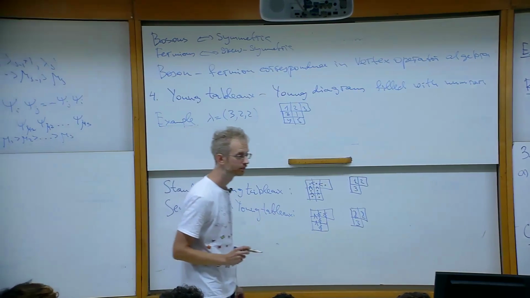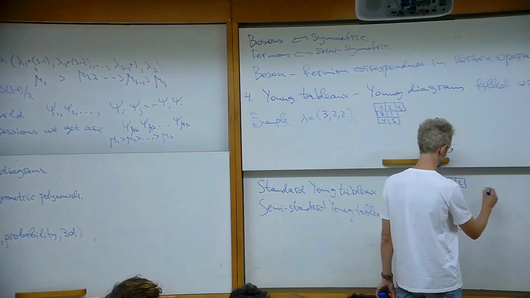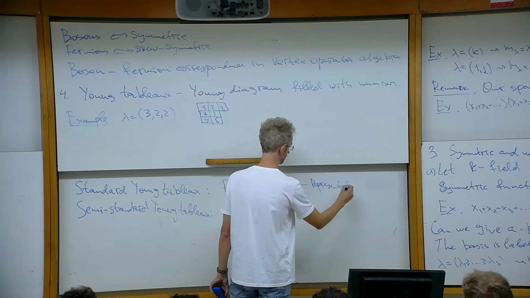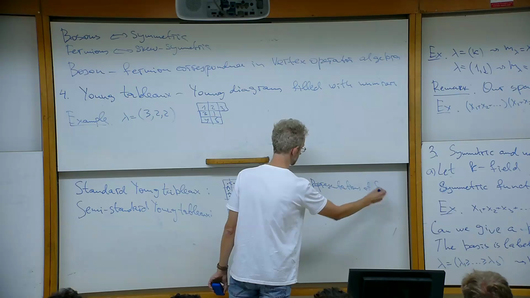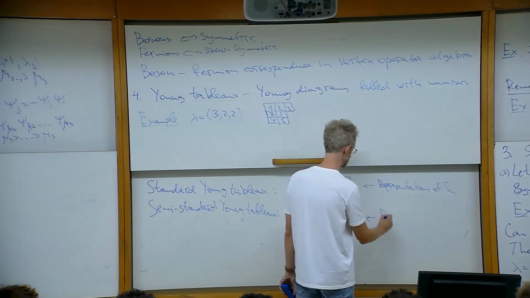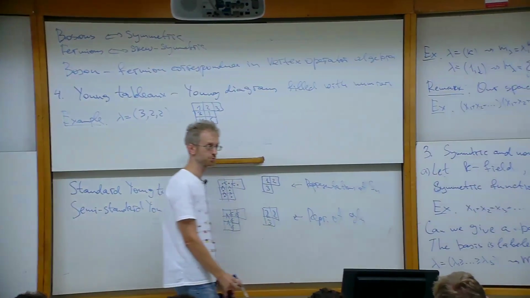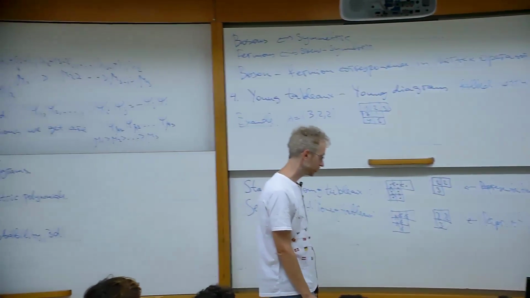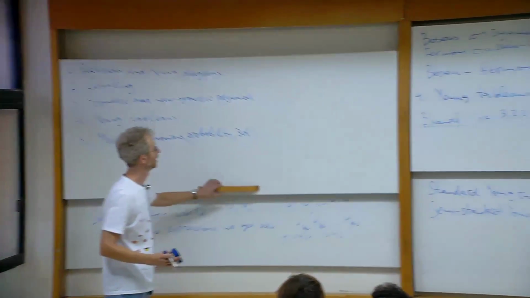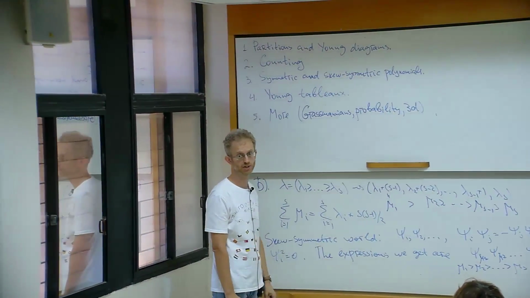And then these are responsible for representations: standard ones for S_n, the symmetric group on n letters, and semi-standard ones for representations of GL_n, the general linear Lie algebra or group. As I promised, I'm not able to talk about these guys in detail, but if you have any questions, I'll be happy to answer. Thank you very much.